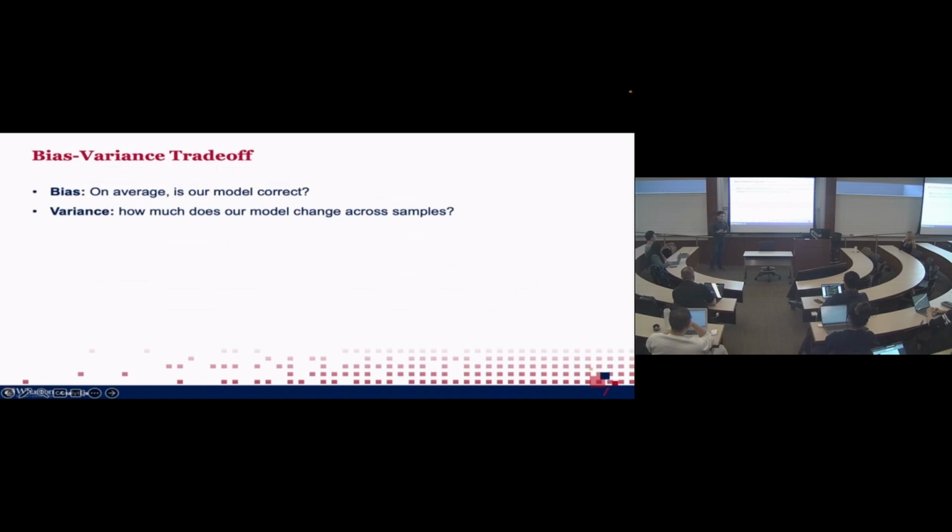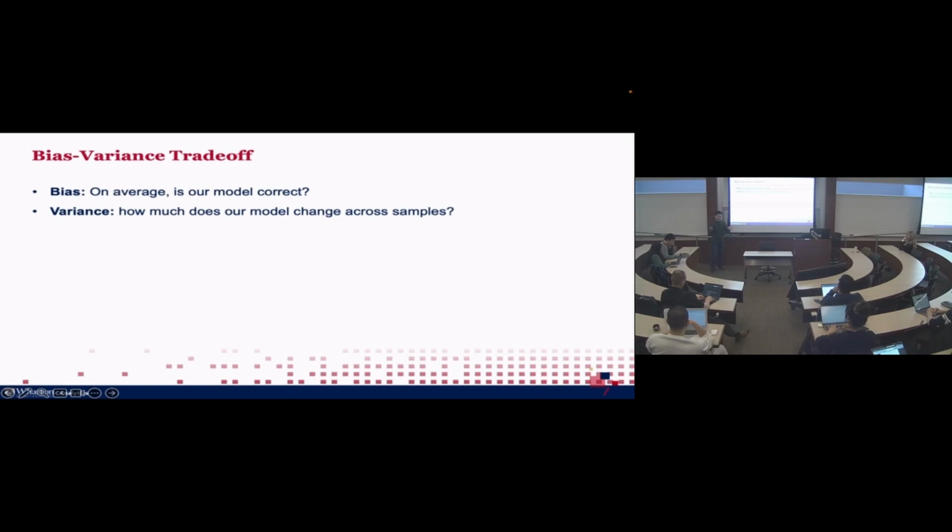So to answer that, we need to introduce the concept of bias and variance, and this very famous thing called a bias-variance trade-off. So bias basically captures, on average, is your model correct, and the variance is, if you have multiple samples, right? You have a population, you don't observe the entire population, you only have samples from this population. If you have different samples, how does the model change across different samples?